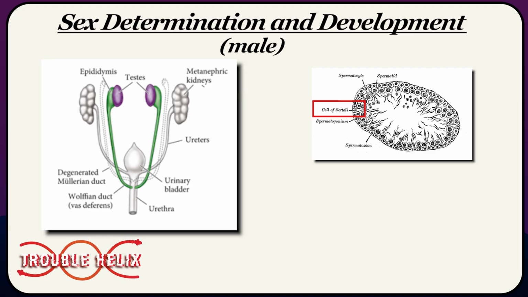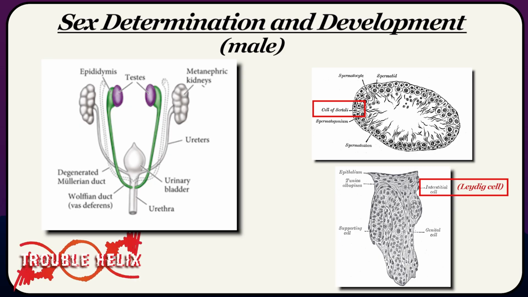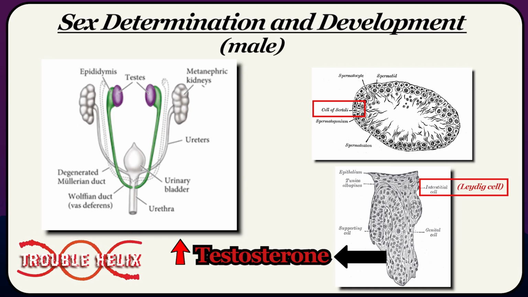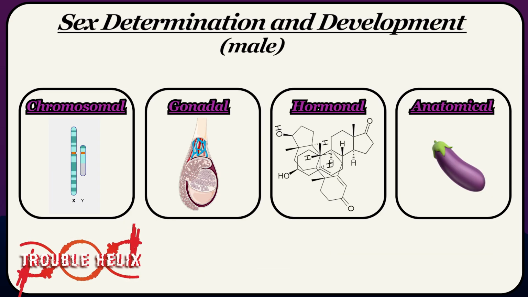The cells of the bipotential gonad will continue to differentiate, and another testis-specific cell will arise, the Leydig cells, which produce steroid hormones. Eventually, their presence will cause a spike in testosterone, which helps to differentiate the Wolffian ducts into internal male reproductive structures. To reiterate, the typical chromosomal sex is XY.